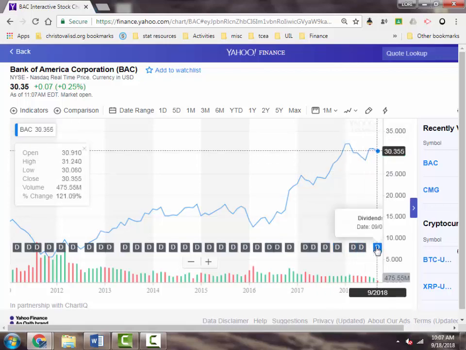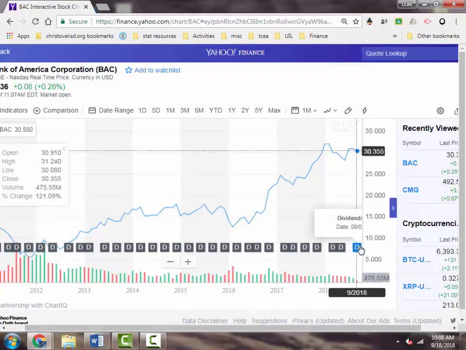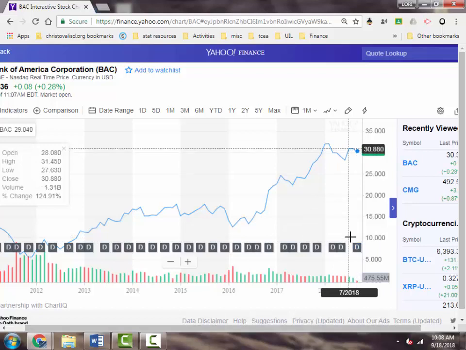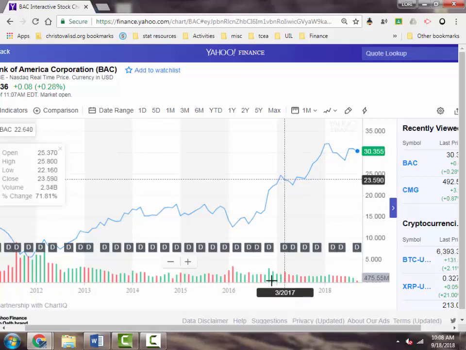The last time it paid a dividend was in September, and I'm going to move my screen over and see if we can get it to show more of that dividend, and it's not showing up. Let's see.